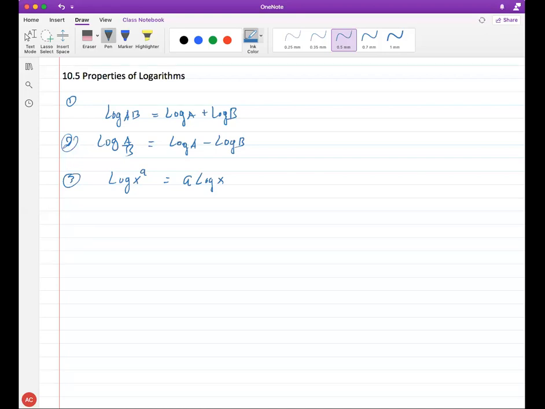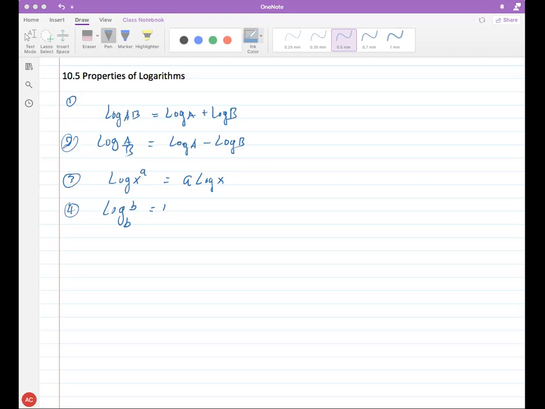Sometimes you may have a log and an exponent, an exponent over the whole log. Before that, let's do another one here. If you have a log and let's say the base happens to be the same as the number inside the log, this will always be 1.